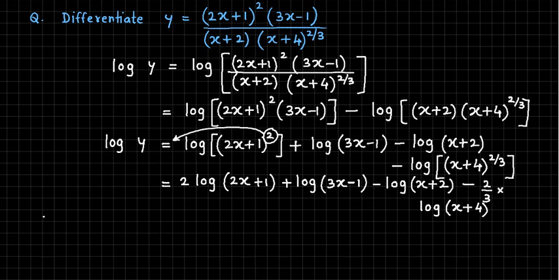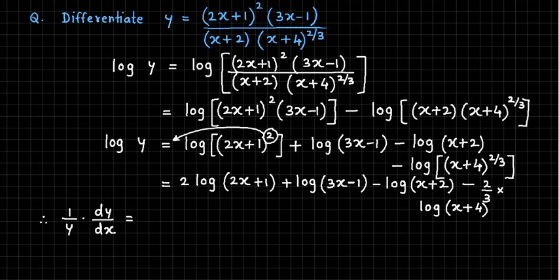So now differentiating, on the left hand side the derivative of log y is nothing but 1 upon y, but remember we have to differentiate with respect to x. So we cannot just stop at 1 upon y, we have to further multiply by the derivative of y with respect to x, since we have used the chain rule, right?